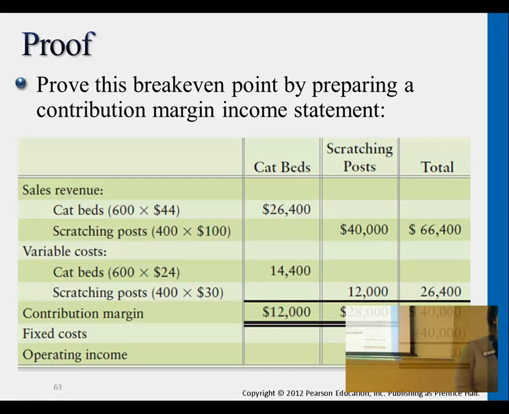Did I explain this to you? Okay, how do we know that the contribution margin for cat beds is $12,000 and for posts $28,000?